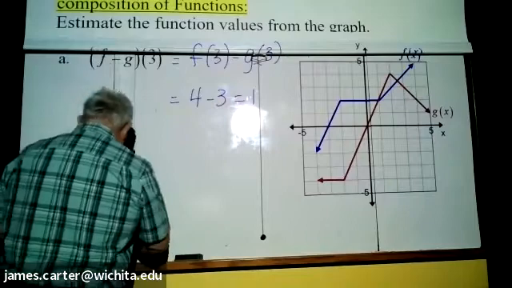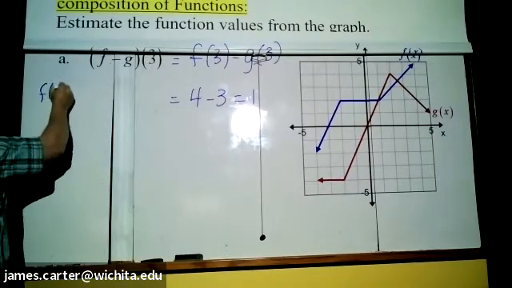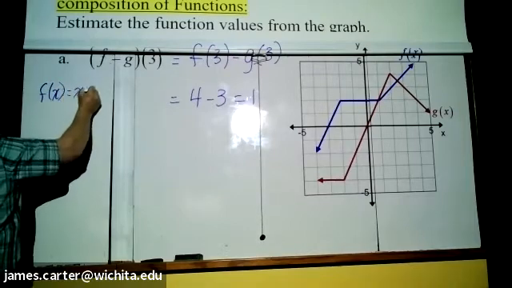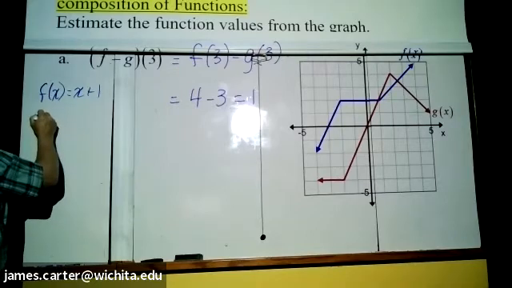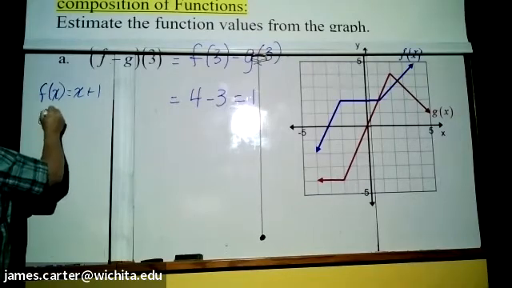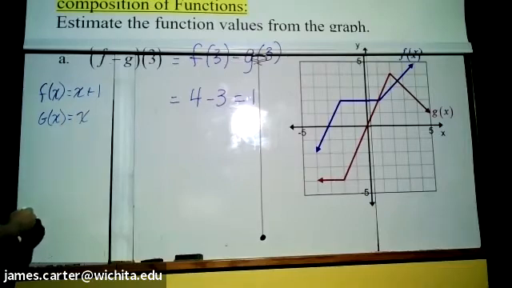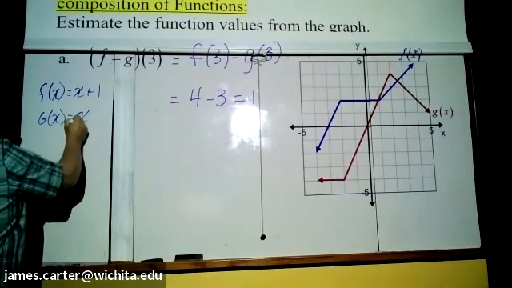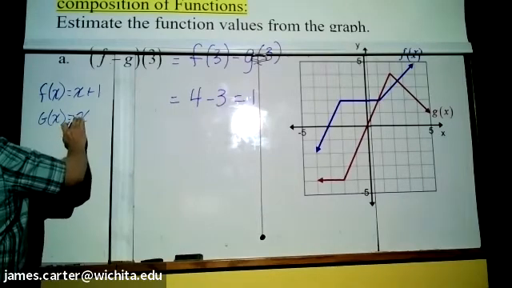Okay. I'm guessing that f of x is equal to x plus 1, and g of x is equal to just simply x, negative x. Nope, positive x. I had it right the first time.